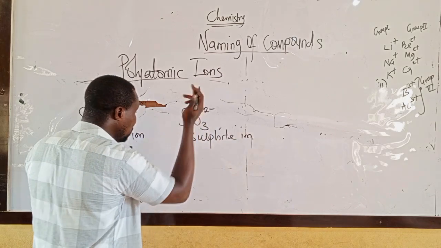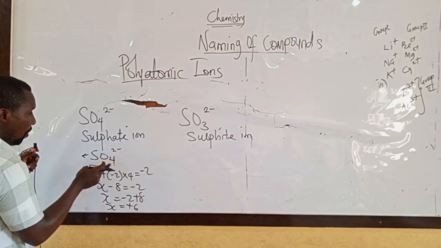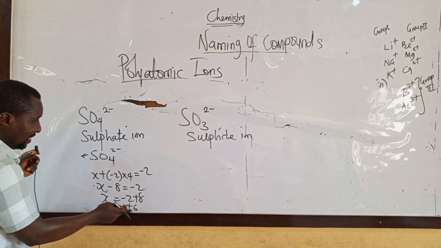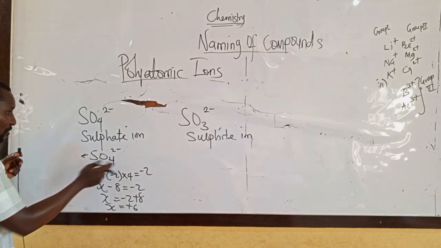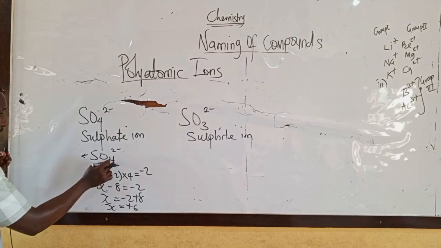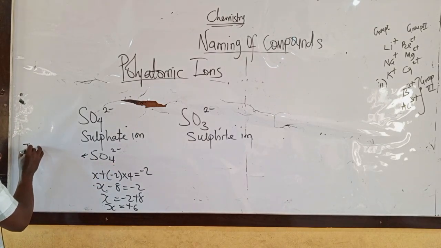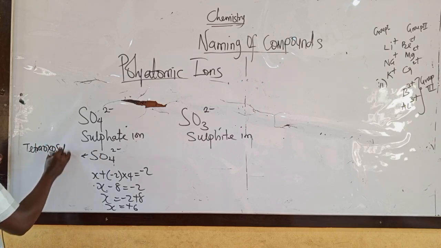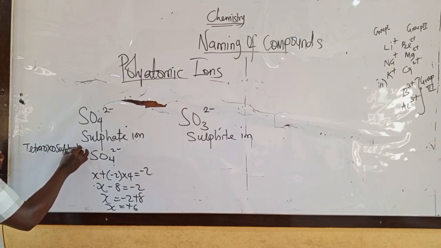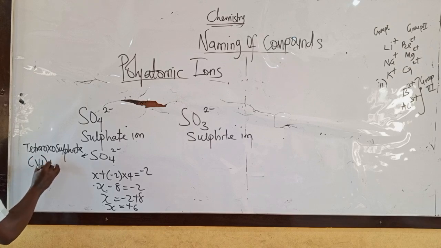It's an ion because of the charge. Sulfate ion or tetraoxosulfate 6 ion using this prefix. This one will go 4, tetra, oxygen, oxo, sulfate, 6 in Roman figure, ion. Take note. Can you see?